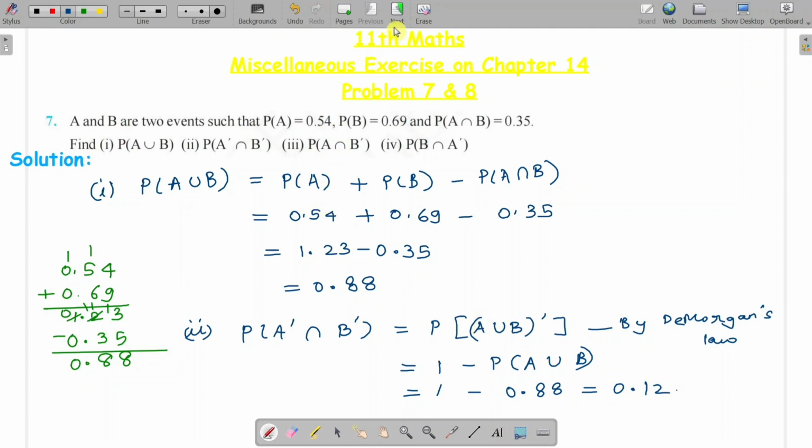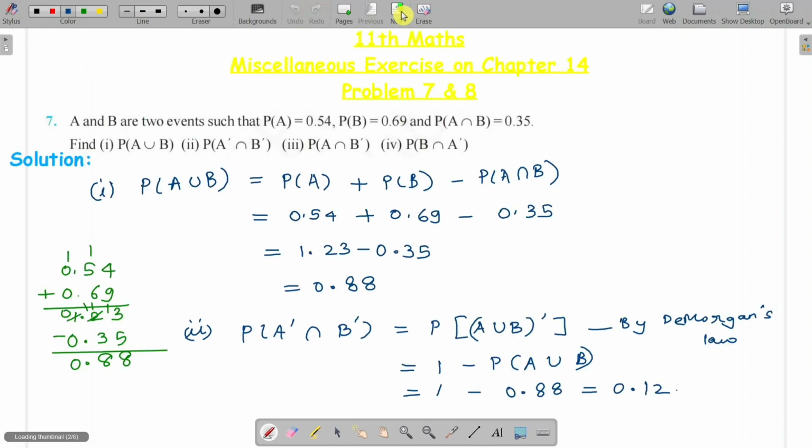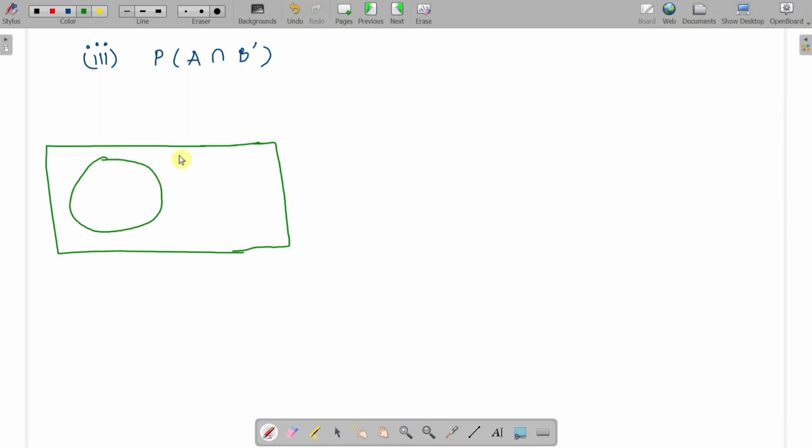Now let us go to the third one. So third, we have to find probability A intersection B complement. Okay, so if we draw a Venn diagram here and understand, let us see. So suppose this is set A and this is set B. Okay, so this is A, B, right?